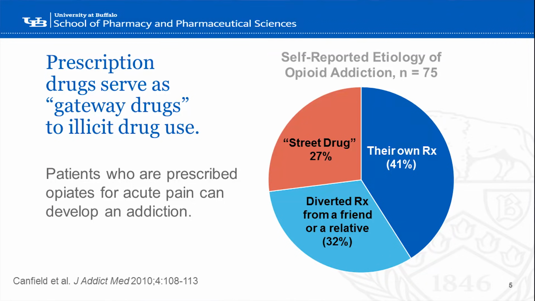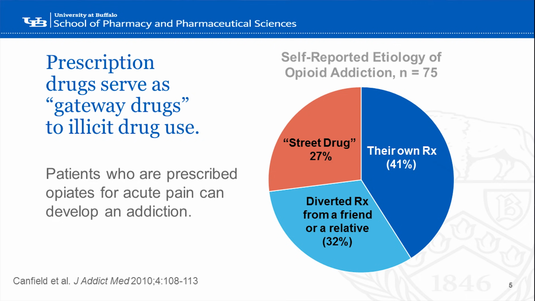Let's look at an example here of one study that was performed in a drug detoxification unit. Investigators conducted an interview with these individuals to ask them how their addiction began. And 41% stated that their addiction can be traced back to that first prescription that they received from a physician for a legitimate cause. And that's what sort of triggered their addiction and led to years of abuse.